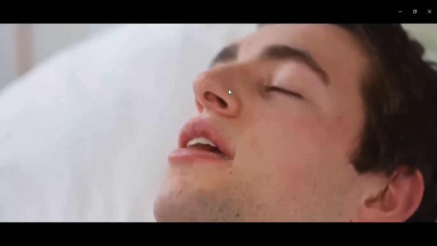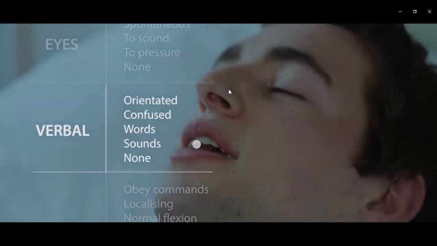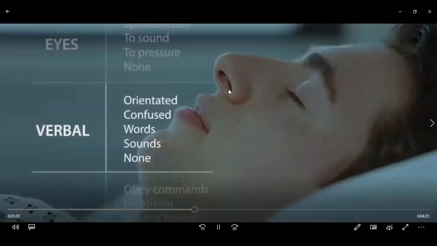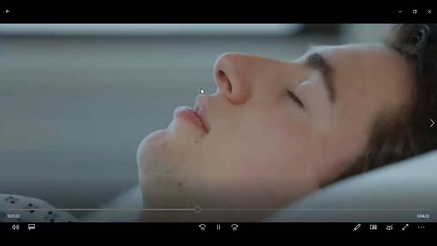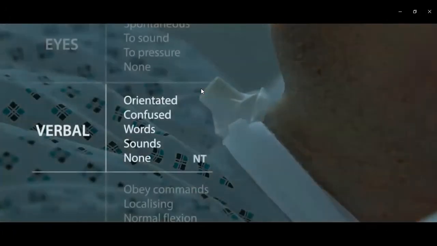If the patient moans and groans with no recognizable words, record sounds. If the patient makes no sounds at all, then record none. Remember, speechlessness may result from factors other than depressed consciousness. For example, the presence of an endotracheal tube. In these cases, record verbal not testable.